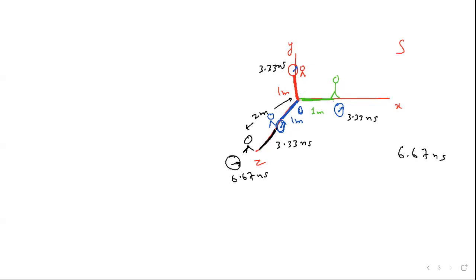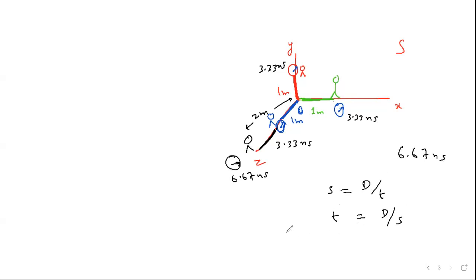Now, what is the 6.67 nanosecond? It is the time required for the light to travel 2 meters from the origin to the location of the assistant. Now, how you can calculate it is simple. Speed is equal to distance over time. Time required to travel some distance is distance over speed.